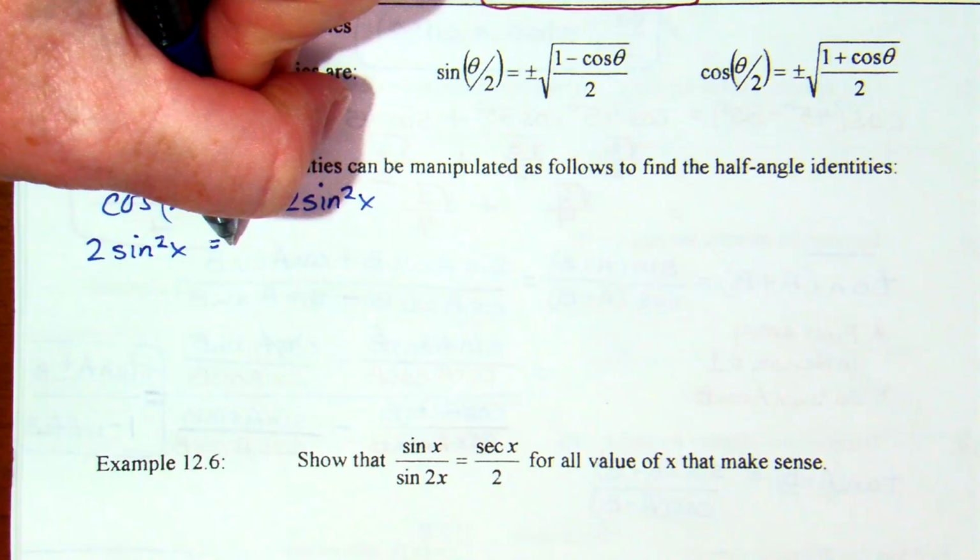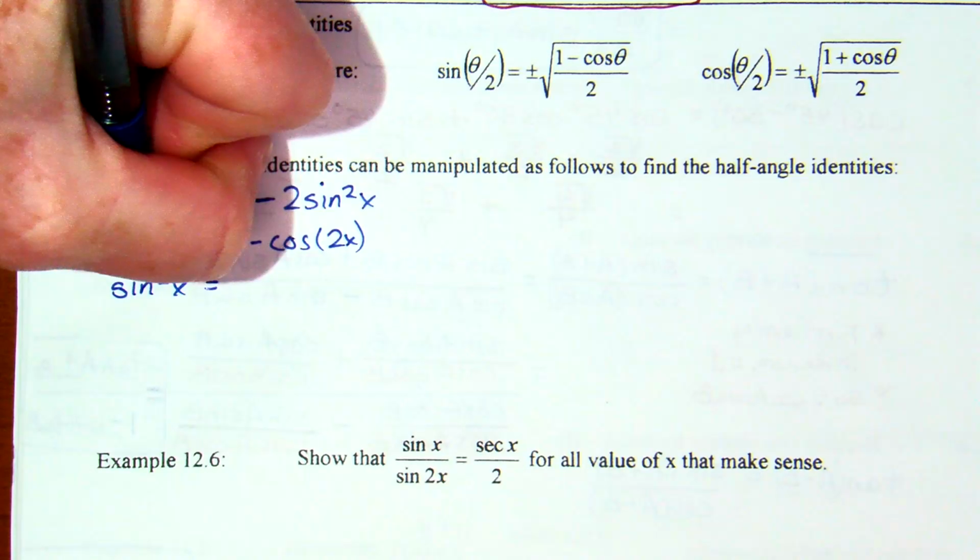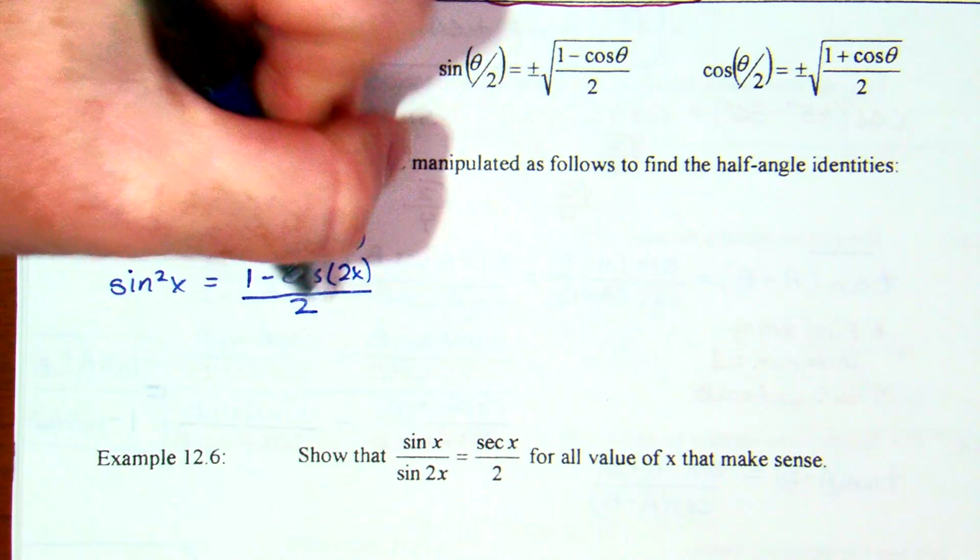And I'm going to subtract this cosine 2x over, so minus cosine 2x. Is sine squared x by itself? Not yet. We need to divide by 2. So we divide by 2. I now have sine squared x equals, and in my notes it looks like for right now I just do one big fraction. So 1 minus cosine of 2x over 2.